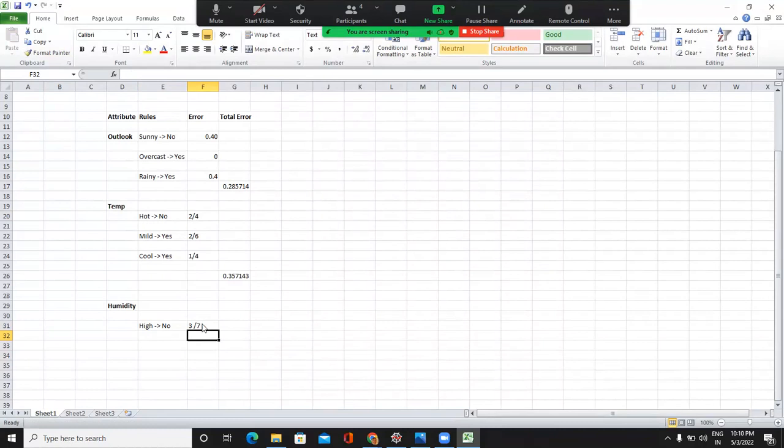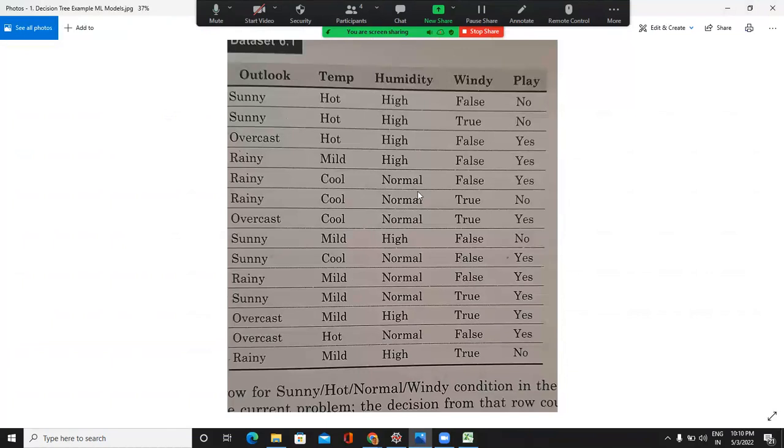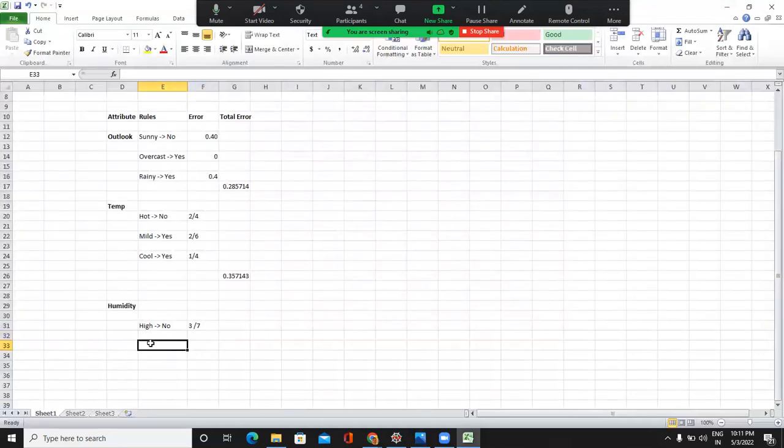Then if humidity is normal, you can see here normal yes, normal no, normal yes, normal yes, normal yes. Definitely normal yes has to be the rule.